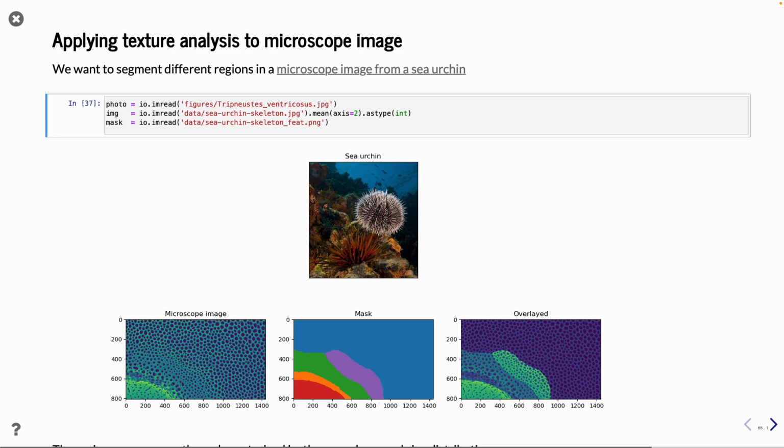Applying this to a real image. This is an image from a sea urchin, this little pointy thing. If you cut it up inside, you will see a microscope image looking like this.